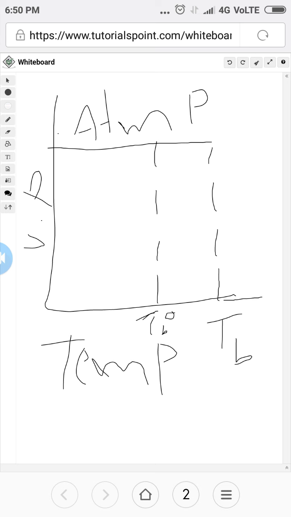Vapor pressure is inversely proportional to the boiling point. Thus, the graph between vapor pressure and boiling point will be curved.